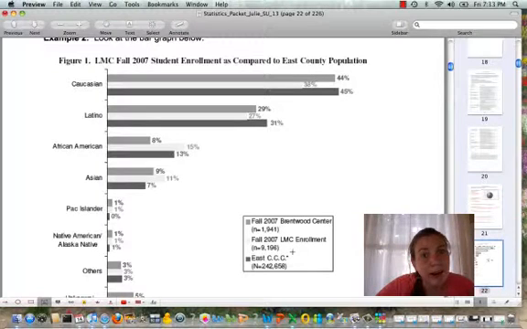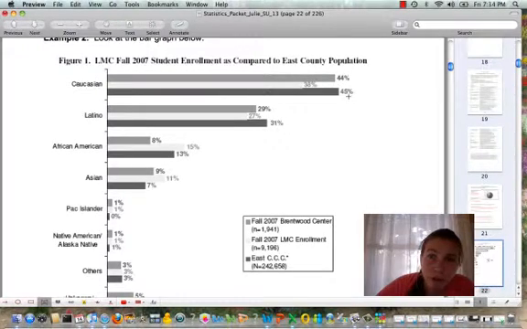And then the last bar down here, the last shade, is measuring East Contra Costa County. And you can see that's 242,658 people or individuals. And if we look at how that's measured out, that bar is 45% Caucasian.